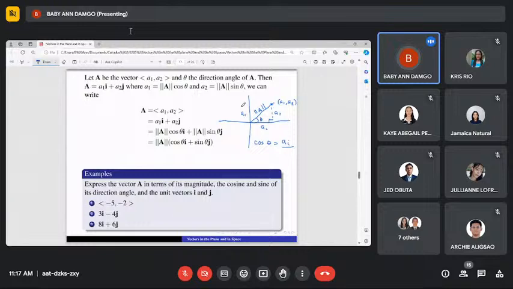The given is negative 5, negative 2. So first, what we solve is the magnitude of A. The magnitude of A is just the square root of A sub 1 squared plus A sub 2 squared. So this is negative 5 squared plus negative 2 squared. We simplify, we have 25 plus 4. This is the square root of 29.